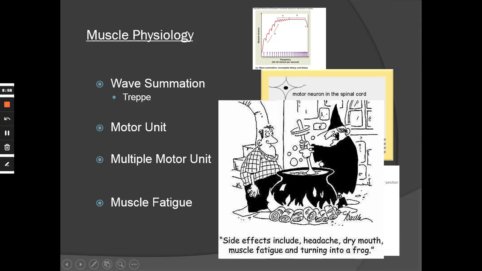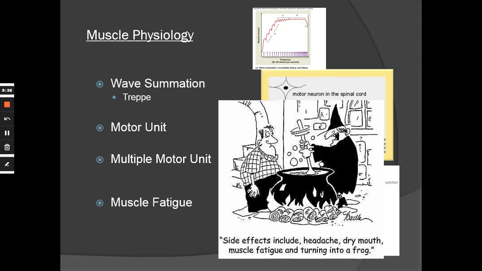All right, what is true muscle fatigue? So this is the definition of muscle fatigue. It is the inability of a muscle to contract forcefully after prolonged activity. So we may ask why?